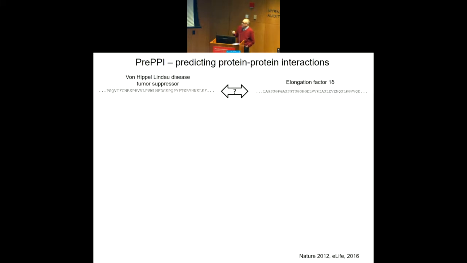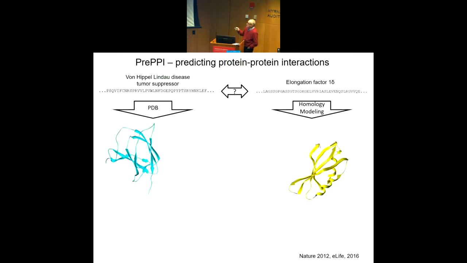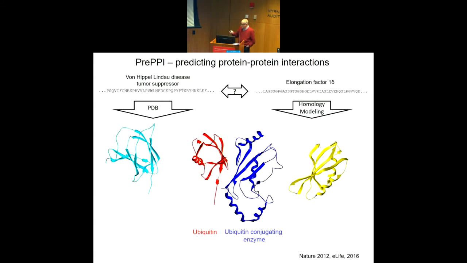The way we apply that information to prediction of protein interactions is summarized in this slide. We can start with 2 sequences of 2 proteins, and we ask, do they form a complex or not? Now, in this case, we know a structure of one of the domains of this protein from the protein data bank, and we know the structure of another from a model. Now, we have a structure in the protein data bank of a complex of different proteins.